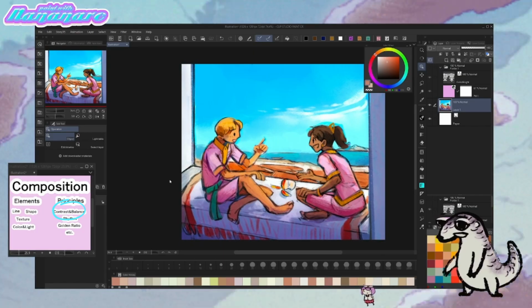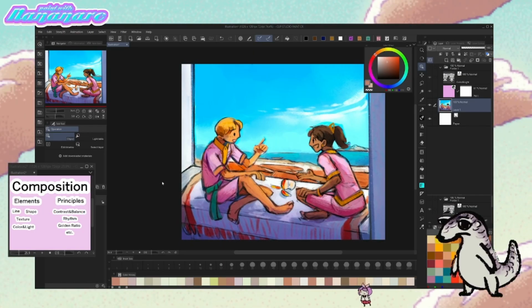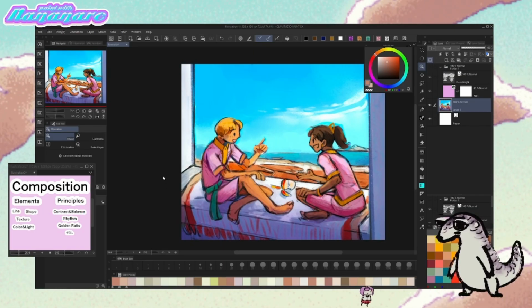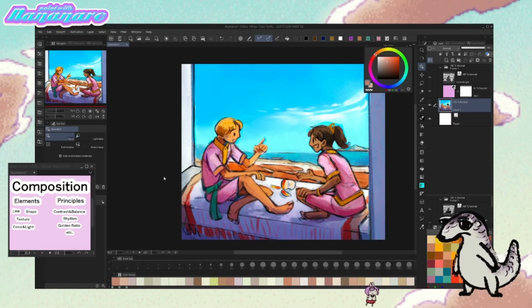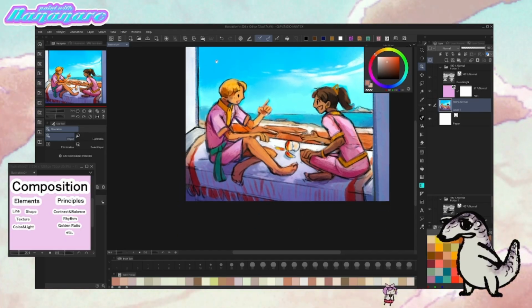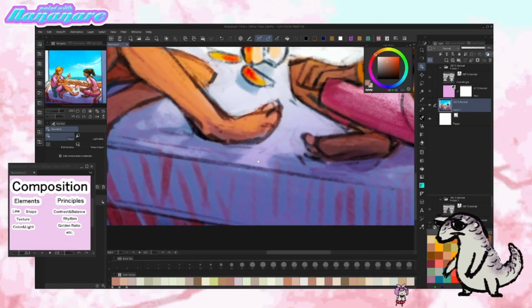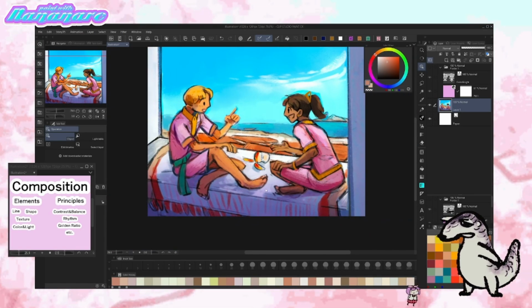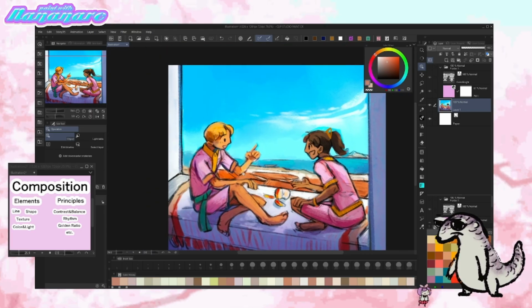Okay, so the first, and I think one of the most important principles in composition, is contrast and balance. So basically what it says is that contrast is going to bring out the focus of your piece. Like, for example, contrast between light and dark, your attention is going to be brought into that.